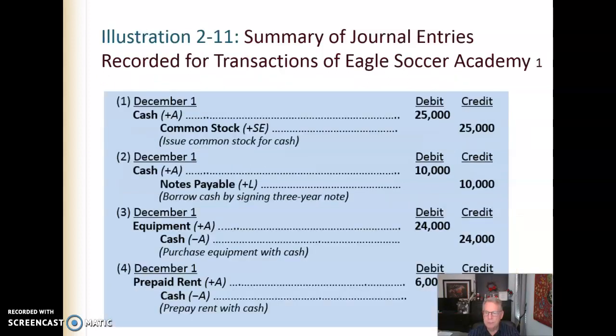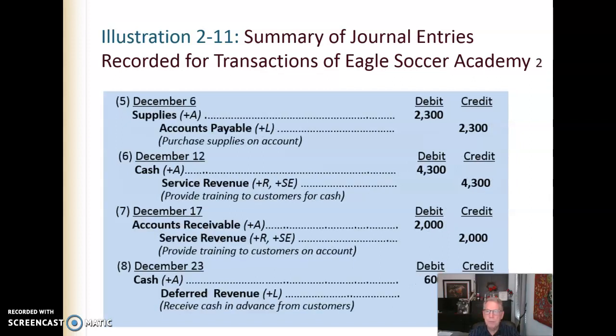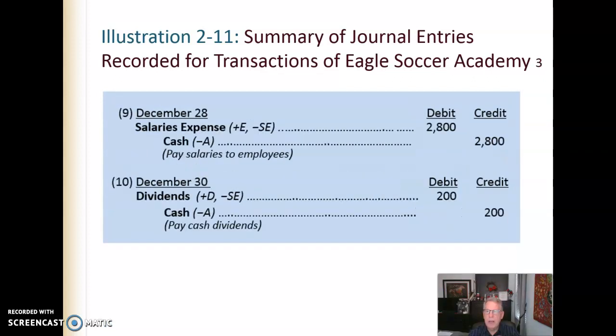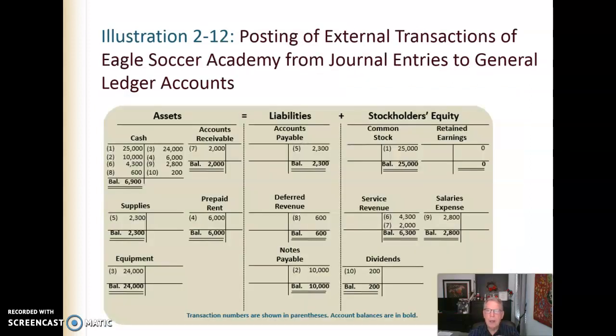All right. So now, if we summarize all these journal entries, they've done it here nicely. Here's the first 4, and here are the next 8, and then we have 2 more. Now, this is a nice example of what the general ledger accounts will look like.